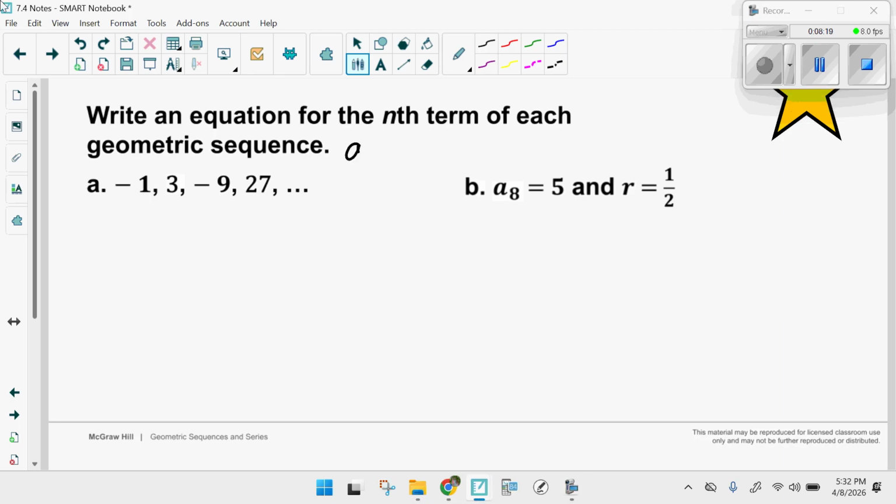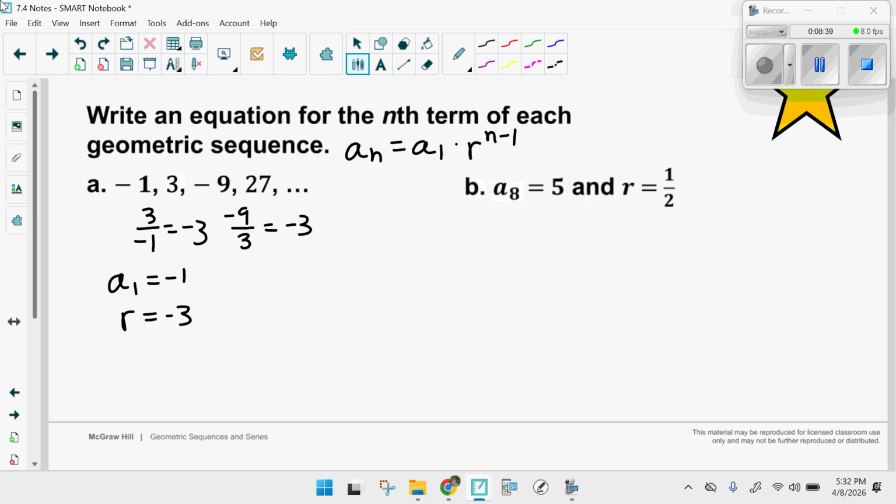We're going to write an equation for the nth term using our explicit form. Looking at my first sequence, I can find the r value and see that I'm going to get -3. So I have my a sub 1 is -1, r is going to be -3.